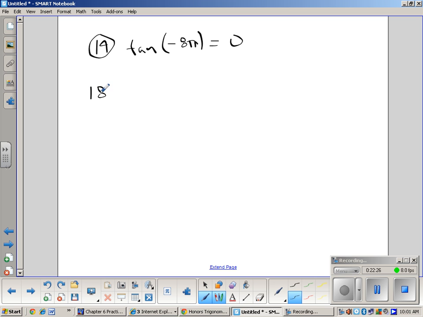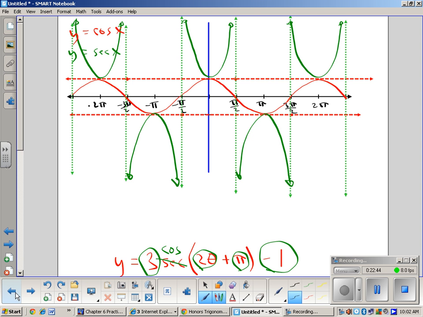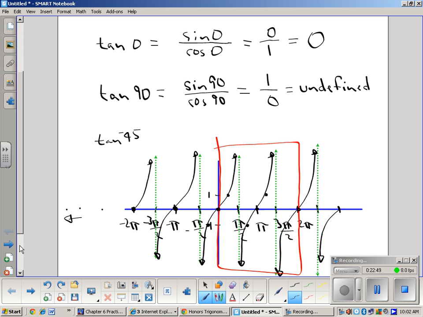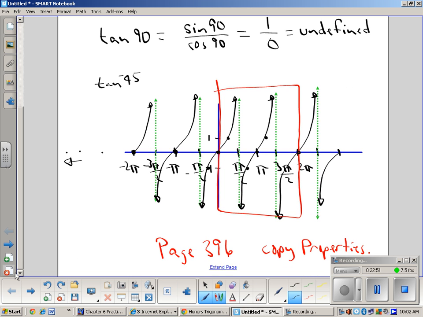Okay. If I look at 18, 18 says find the cotangent of negative 5 pi. We didn't actually draw them. What did we say was the difference between the cotangent and the tangent? It would be the reciprocal.